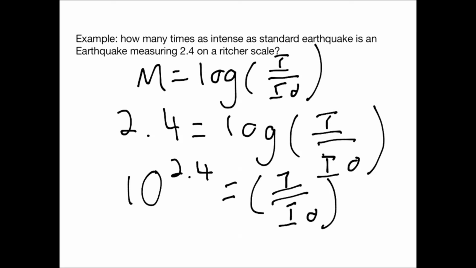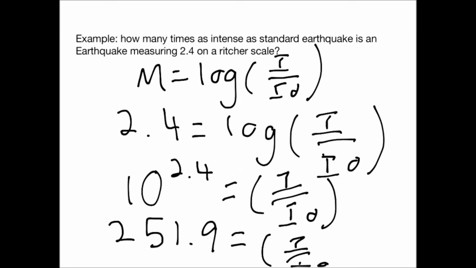After solving it, we get the value 251.9 equals I over I0. The conclusion is this is 251 times as intense as a normal earthquake.